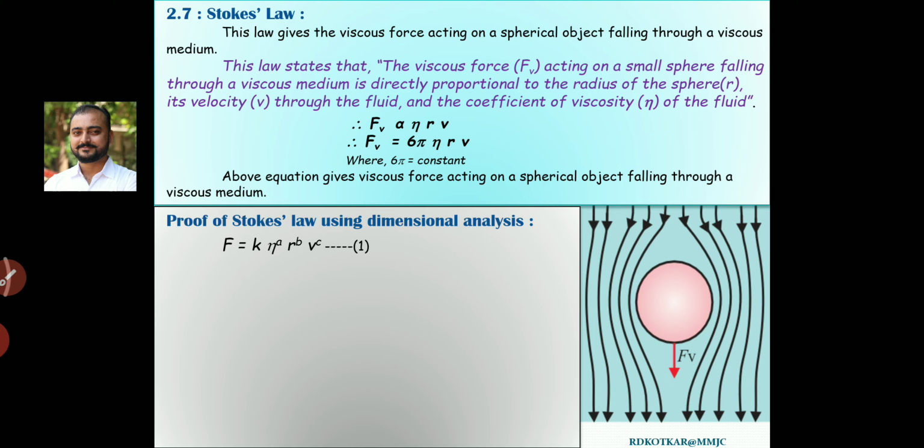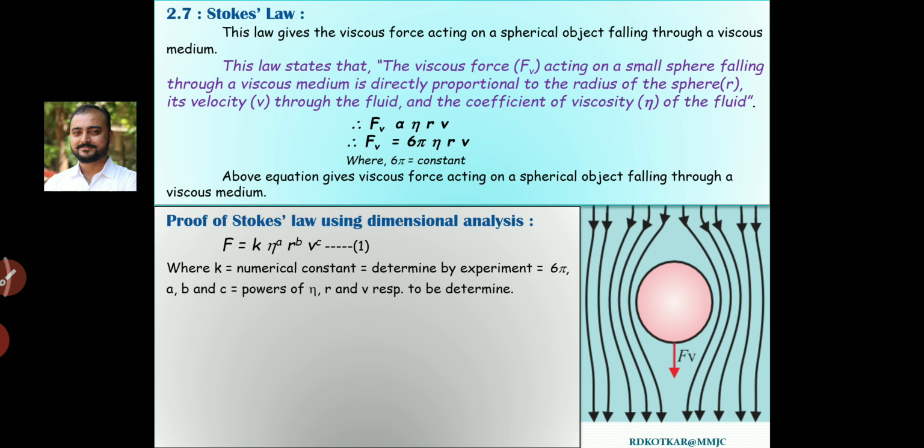For that we put F equal to K into eta raised to A, R raised to B, V raised to C. This is equation number 1, where K is a numerical constant whose value can be determined by experiment, and which comes to 6 pi. A, B and C are the powers of eta, R and V respectively, which are to be determined.